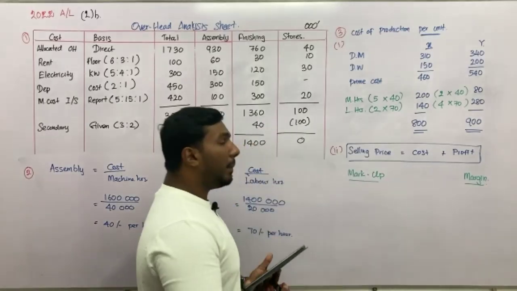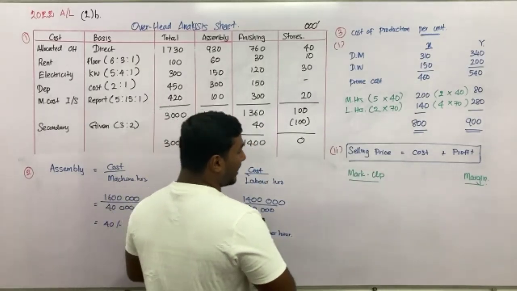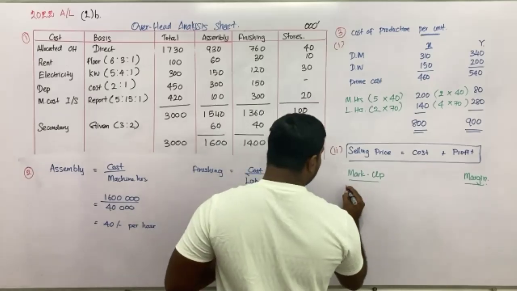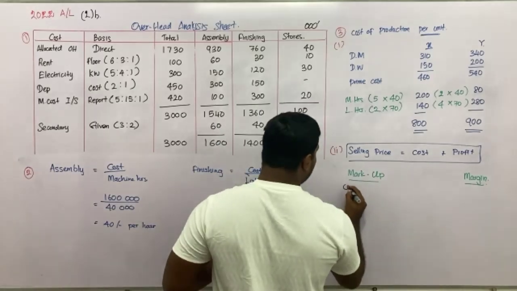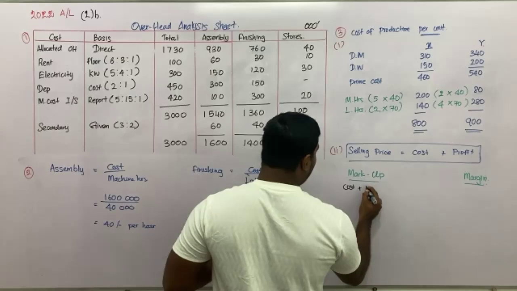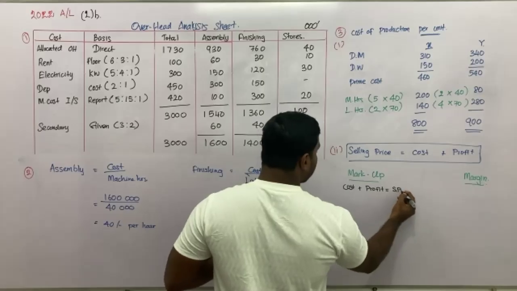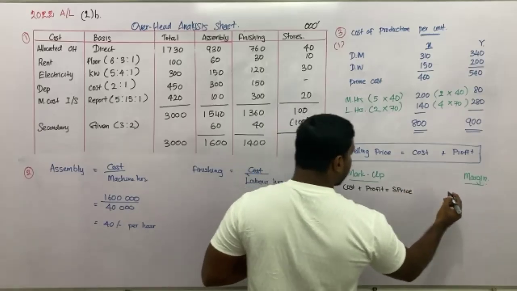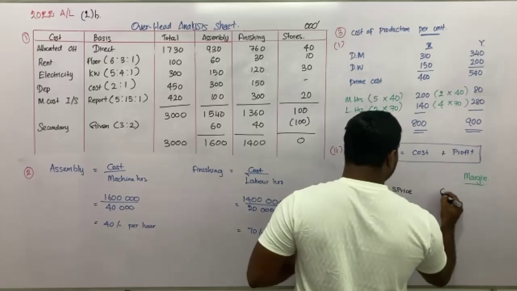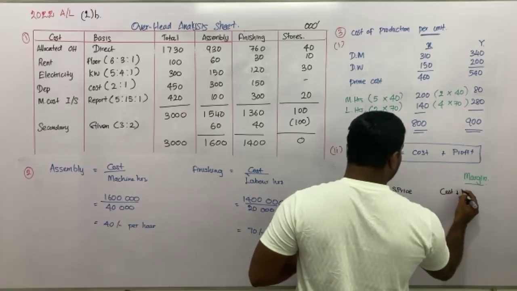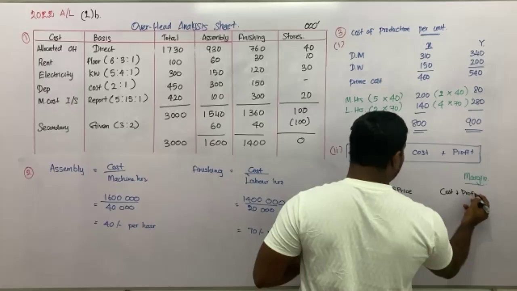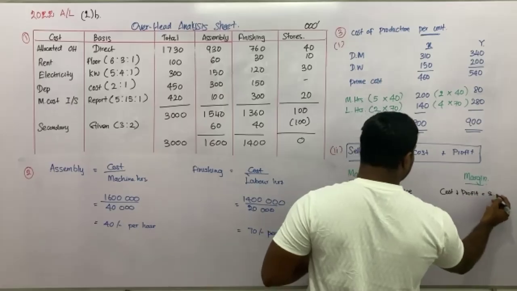This markup is always calculated like this. Imagine this is the formula: cost plus profit equals selling price. Cost plus profit is always equal to selling price.